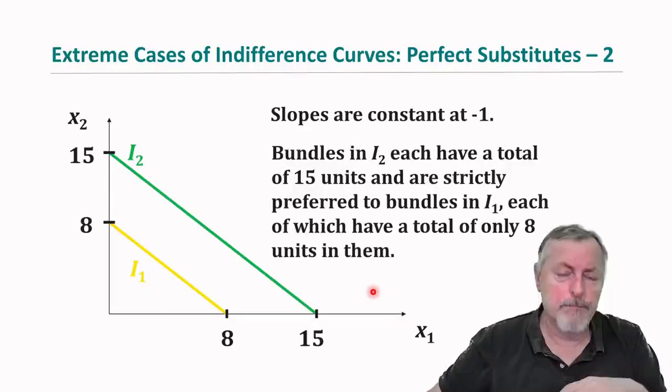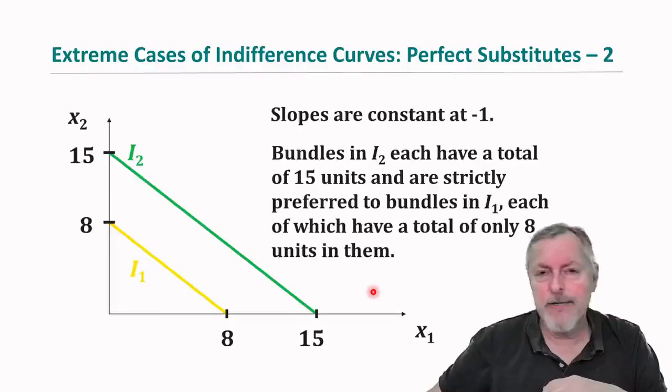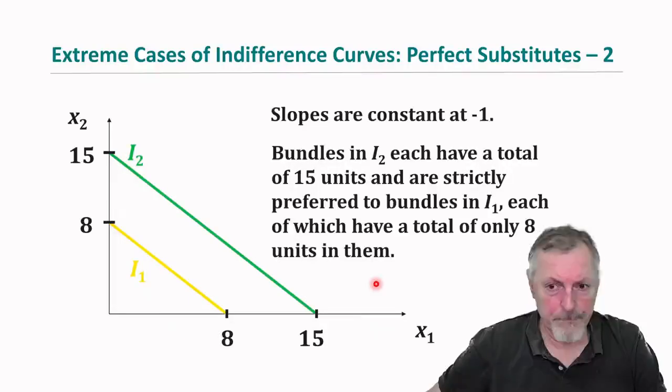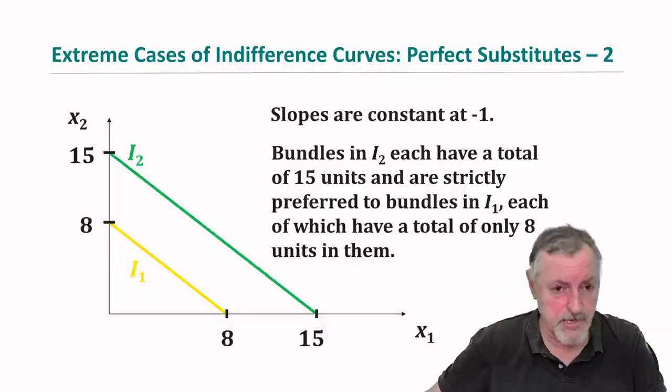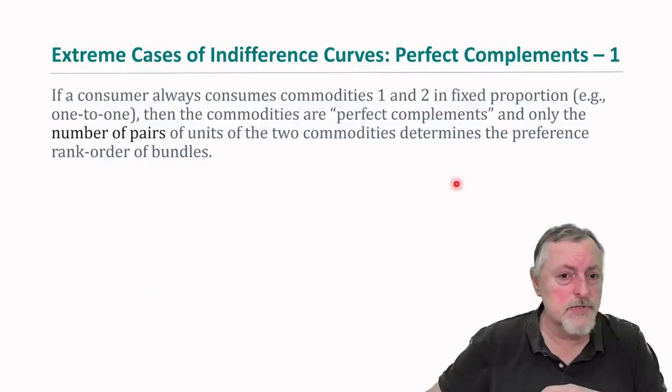For example, nickels and dimes. Those are pretty close to perfect substitutes, but not at a 1-to-1 ratio. It's a 2-to-1 ratio. So just keep that in mind. And the same warning goes for the perfect complements case, which we will see here.